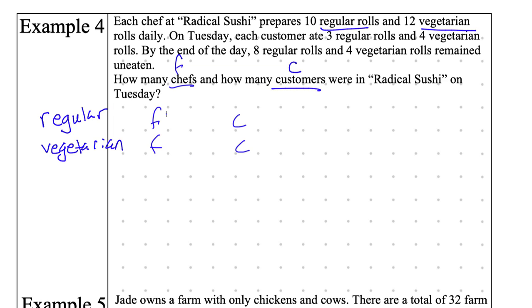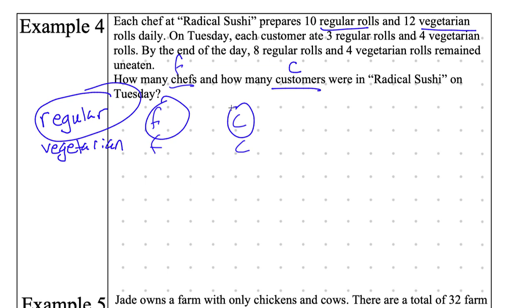Challenge accepted. All right. So this is how a restaurant works. Chefs make the food. Customers eat the food. That means whenever I have regular rolls, the number of chefs should be a positive amount because I'm making regular rolls, and then customers will be eating those rolls, so you'll be subtracting those regular rolls.